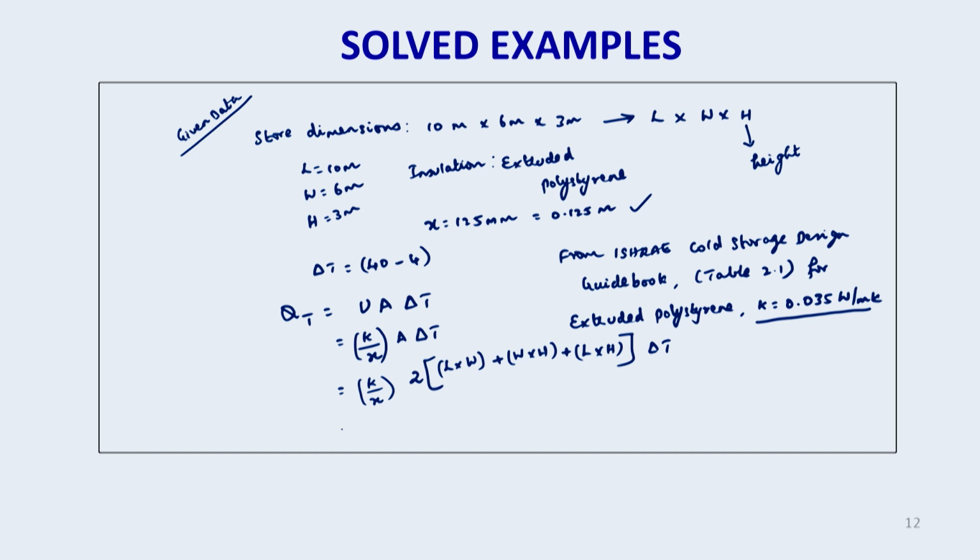Now let us substitute the values. K is 0.035, which we have taken from the table. Thickness is given as 0.125.